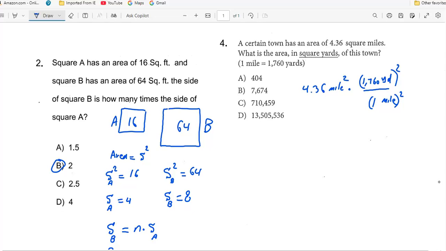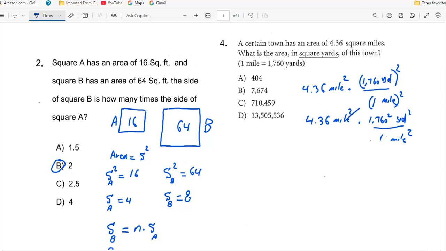So what we have here is 4.36 mile squared multiplied by 1,760 yard squared over 1 mile squared. Sorry, the top is yard. Yard squared, and the bottom will be mile squared.